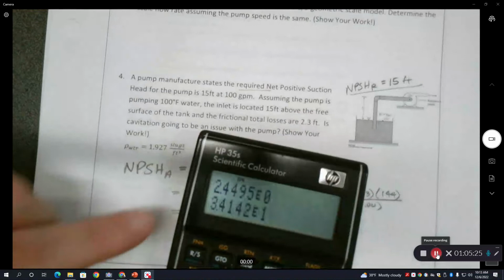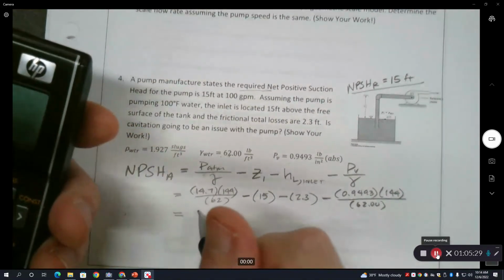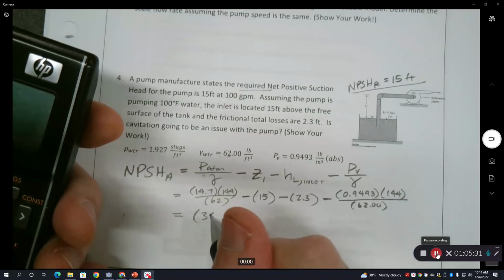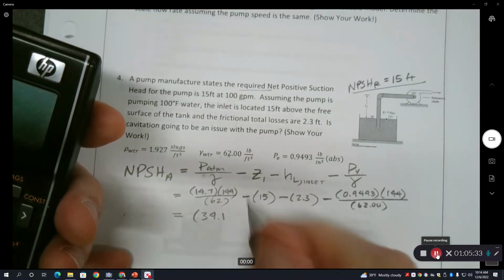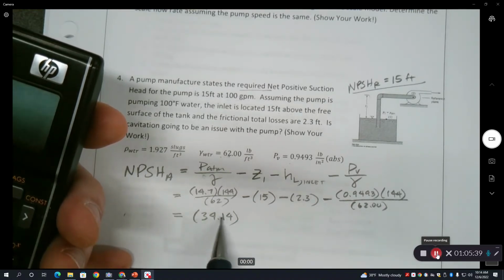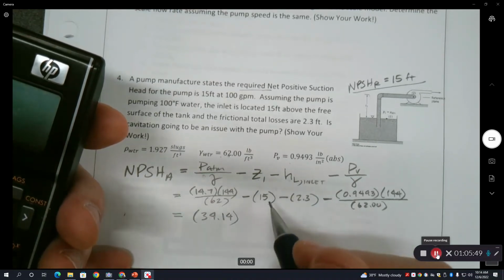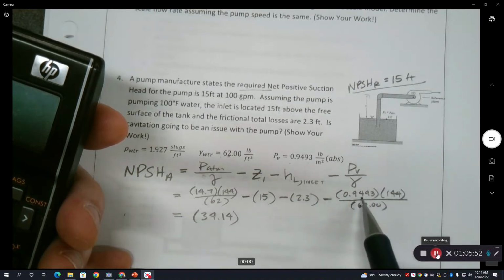One of the first things that I like to do when writing out a problem, at least for me, is to actually do the in-between numbers, so I can see the amount of head that would be available to us before the other aspects.